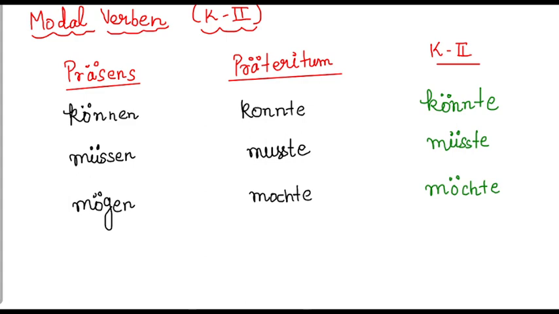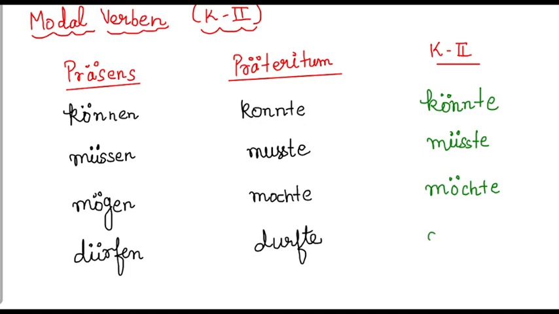Next comes dürfen. Dürfen means to be allowed to. I'm attaching something in order to give you more clarity. What is its Präteritum? Durfte.